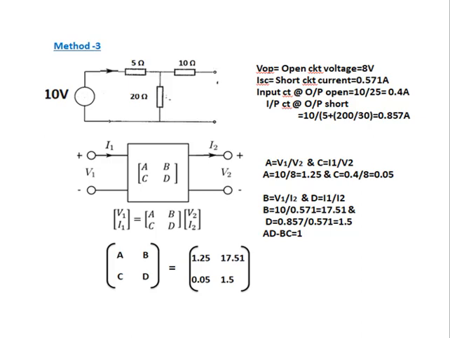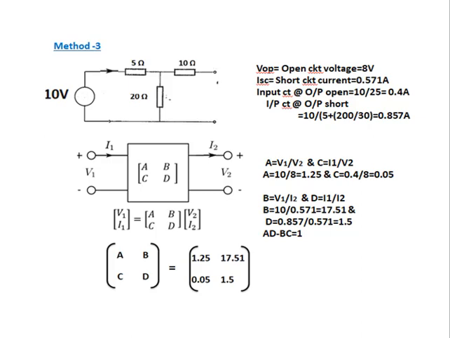A is equal to V1 by V2 and C is equal to I1 by V2 under open circuit conditions. A is equal to 10 by 8, that is 1.25, and C is equal to 0.4 by 8, that is 0.05. Now, short circuit conditions. B is equal to V1 by I2 and D is equal to I1 by I2.